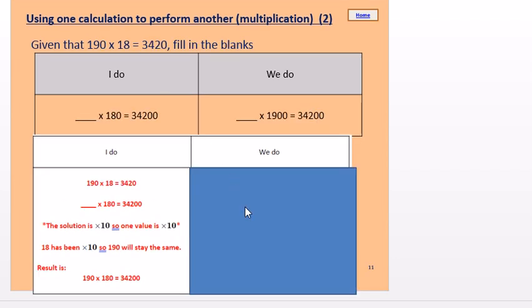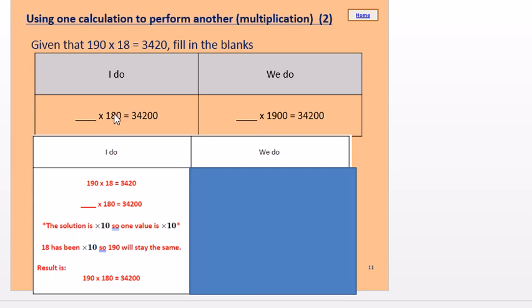So this question is a little bit different in the fact that we've got a gap in our calculation and we have to work out what the missing number is. Now we're given that 190 times 18 equals 3,420. And we have to compare this to this calculation here.